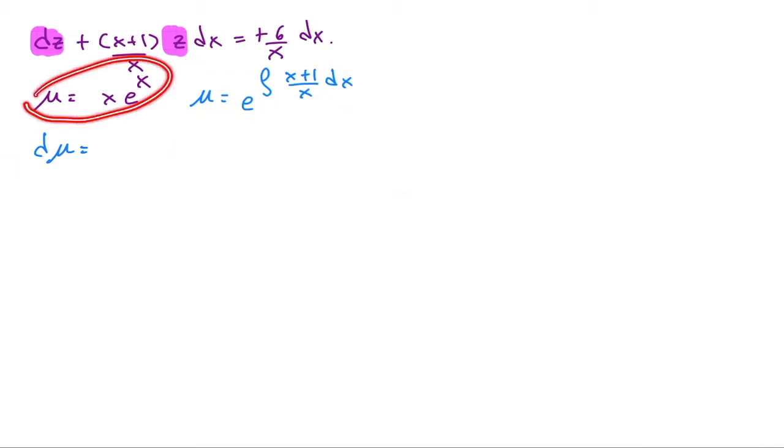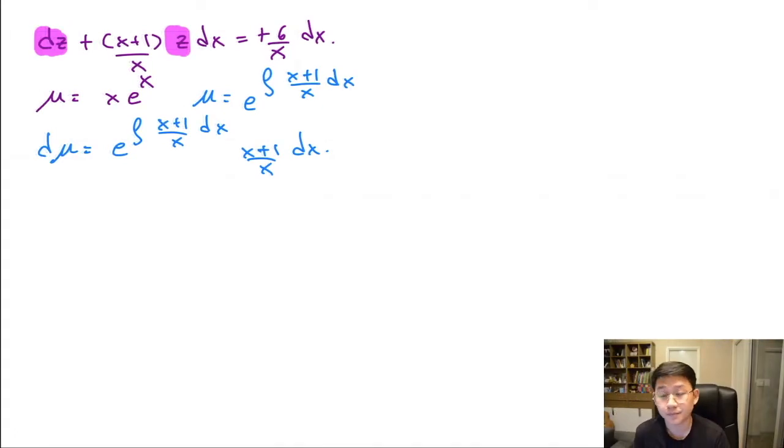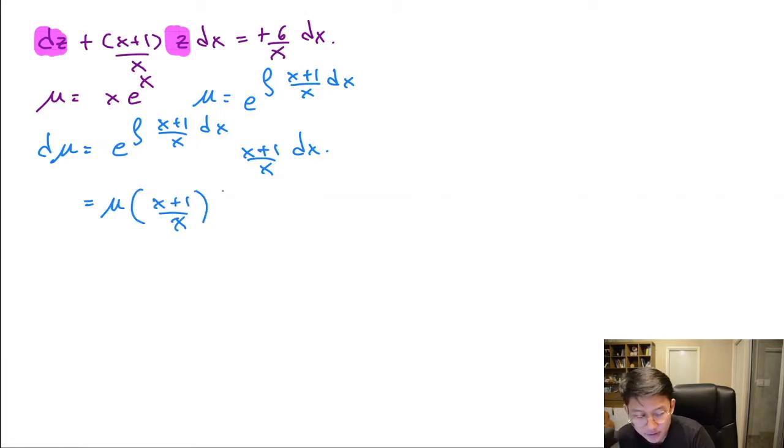It's doable, but it's going to be much harder to see. So d mu is e to the integral of (x plus 1) divided by x dx times (x plus 1) divided by x dx. We did this many times in the previous section. So here it's actually mu times (x plus 1) divided by x dx.